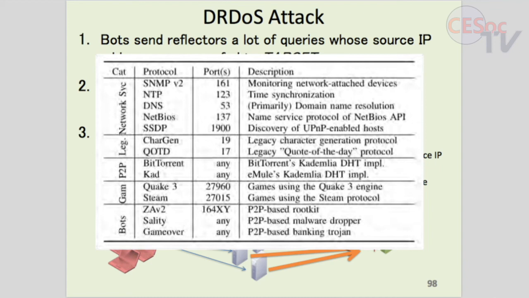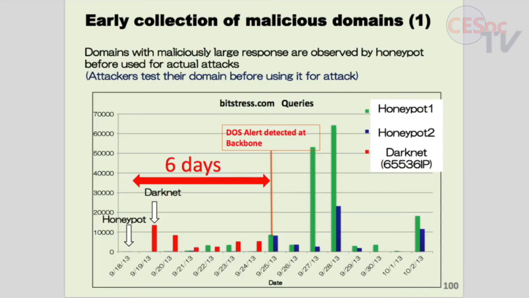So in our approach, I'll try to implement a honeypot under this environment, trying to emulate a reflector, a DNS reflector, NTP reflector, etc. So this is our collection of the malicious behavior.